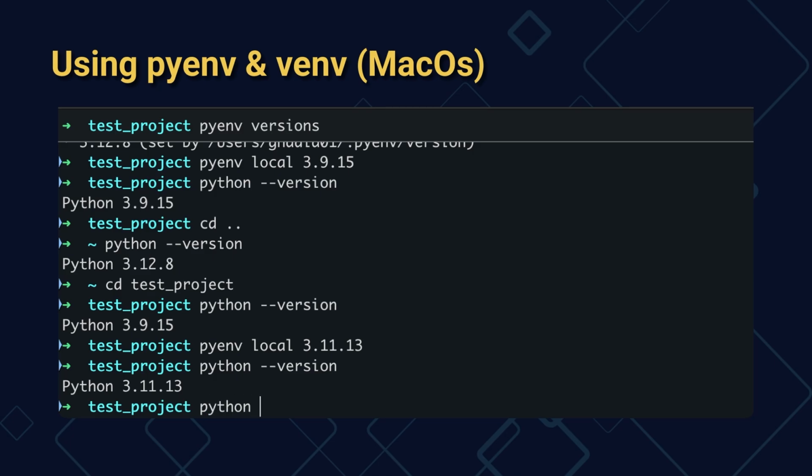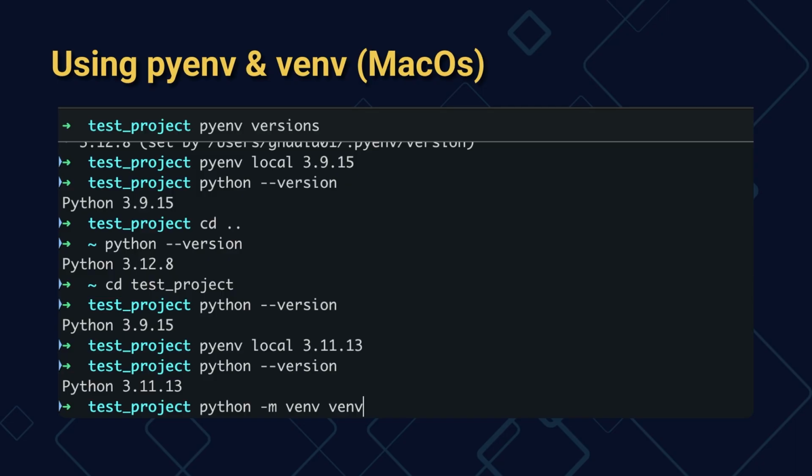python -m venv. The first one, venv, virtual environment, is the command. The second one is the name of the virtual environment you want to create. You can start with a dot to make it a hidden folder, or you can just have any sort of name you want.